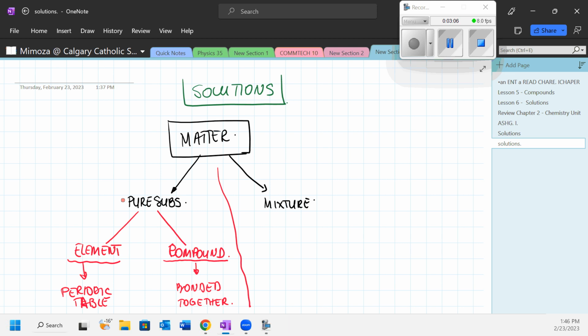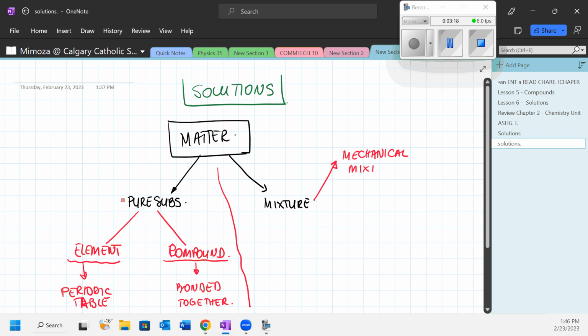And then this is one side of the big branch of matter. When we were talking about mixtures, we saw that we have two types. One is known as the mechanical mixture, where you are able to see the parts it is formed from, so gravel and sand together. Cement is an example of a mechanical mixture.